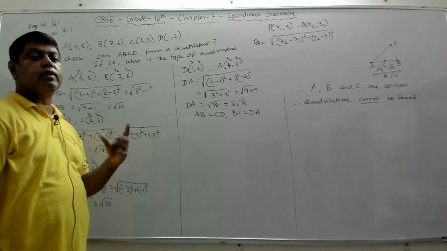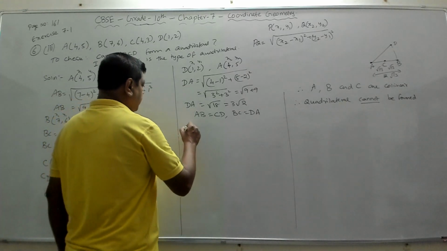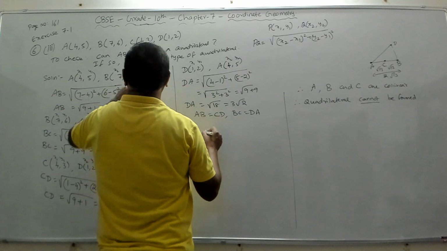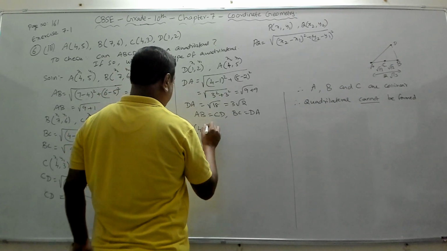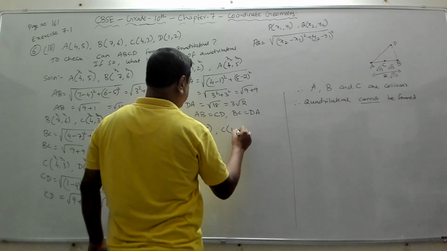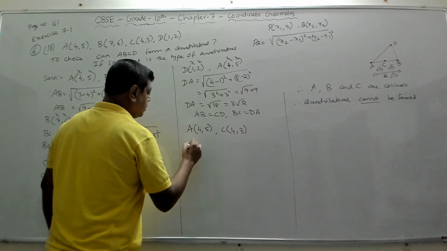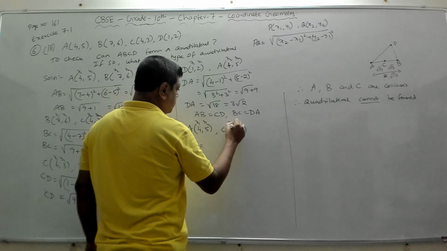For a rectangle, diagonals have to be equal. So let's try to find the diagonals also. Let's find AC. What is A point? 4, 5 and C is 4, 3. What is distance AC? This is x1, y1, x2, y2.